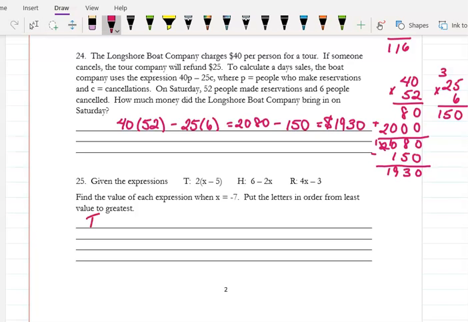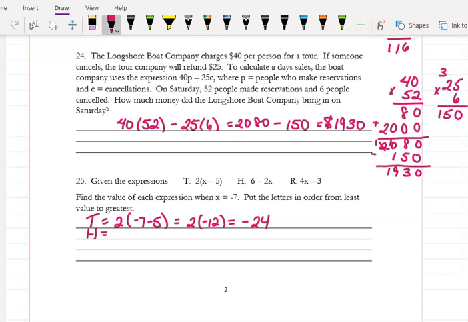First, we're going to find out what T is. So 2 times negative 7 minus 5. Negative 7 minus 5, combine 7 and 5 is 12, and they're both negative, so negative 12. Then multiply 2 times negative 12 is negative 24.